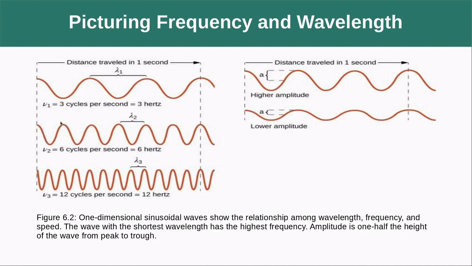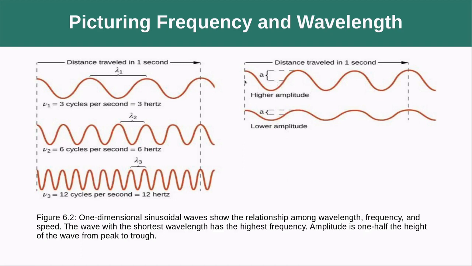Here we are traveling 1, 2, 3, 4, 5, 6 wavelengths across in 1 second, and we now get 6 cycles per second, or 6 hertz. And you can see that as the frequency went up from 3 to 6, the wavelength went down. This wavelength would actually be half of what this wavelength, lambda 1, would be. And again, here we can see that after 12 cycles, the wavelength is even smaller, and we're getting through more and more of them in that 1 second time frame.